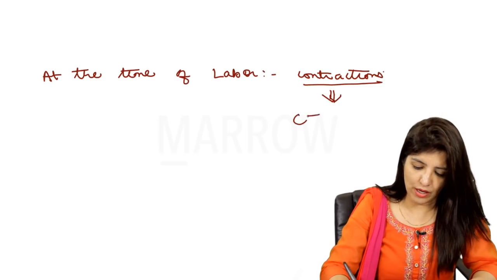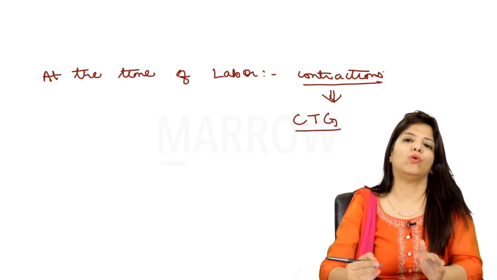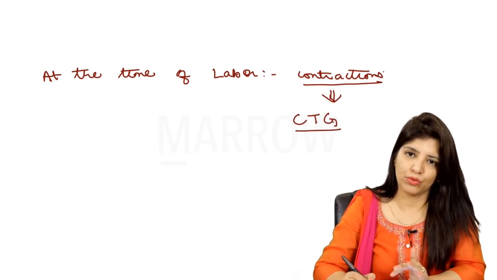Same thing, that is called CTG, cardiotocography, right? When you are doing it during pregnancy, when the patient is not having labor pains or any contractions, that is NST. When you are doing it when the patient is having contractions, the same thing is called CTG.